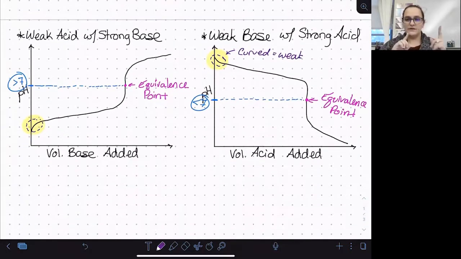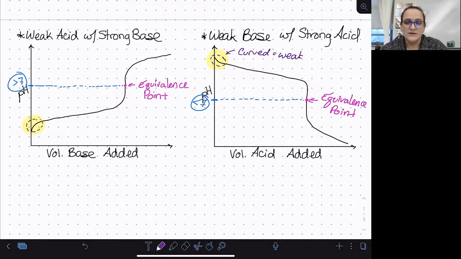Weak acid with weak base titrations are not commonly done because those don't necessarily go to completion. Depending upon exactly how weak your acid and base are, they may establish an equilibrium that is not really all that product favored. The reason we're able to do the titration calculations is because we're assuming these reactions go to completion.